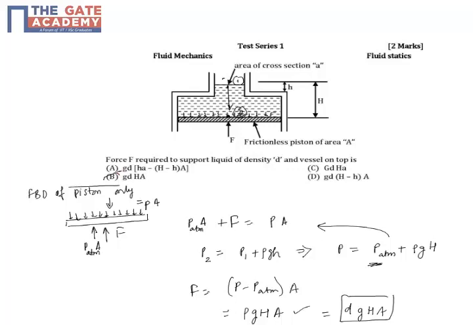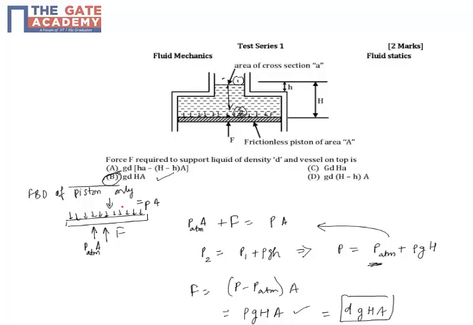Many people would be interested to know why this doesn't matter, I mean why we have not considered this thing. Now what you have to see is what we are interested in here. We have drawn the free body diagram of the piston. At the bottom you have P atmosphere into A, and on the surface of the piston at the top you have P which is uniform.